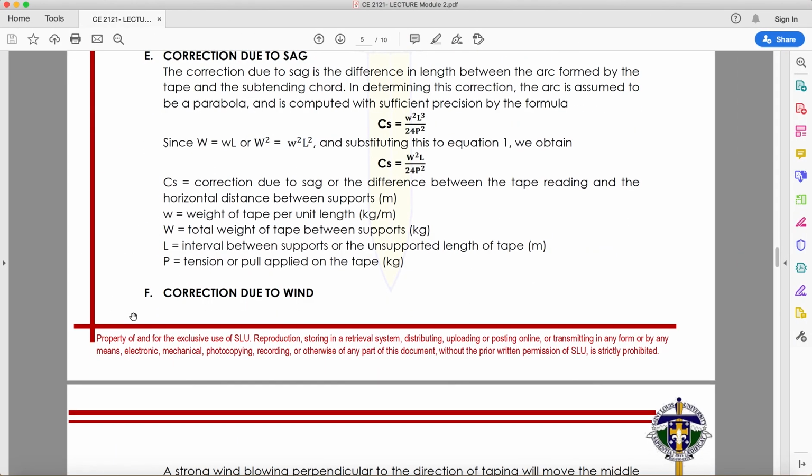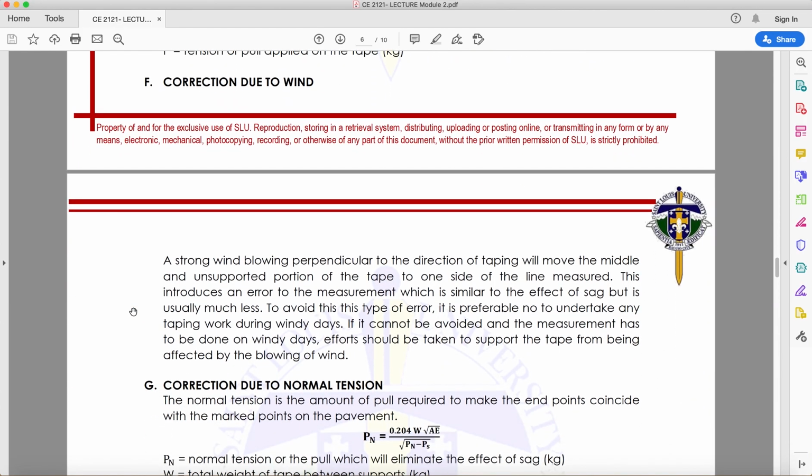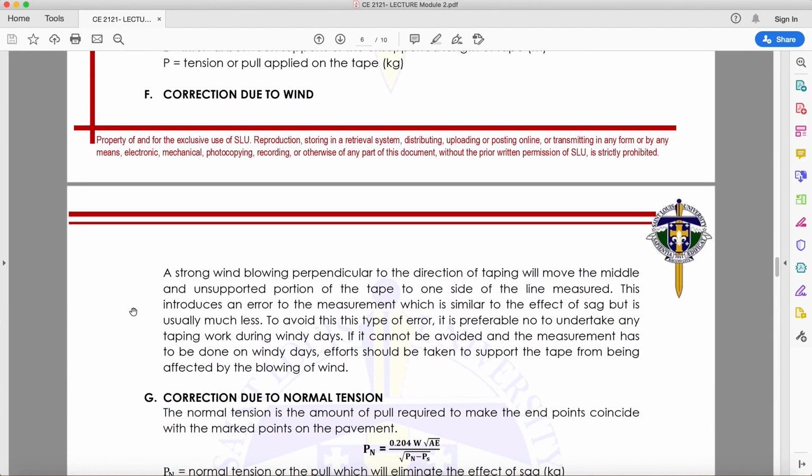Okay? Next is correction due to wind. So a strong wind blowing perpendicular to the direction of taping will move the middle and unsupported portion of the tape to one side of the line measured. This introduces an error to the measurement which is similar to the effect of sag but is usually much less.